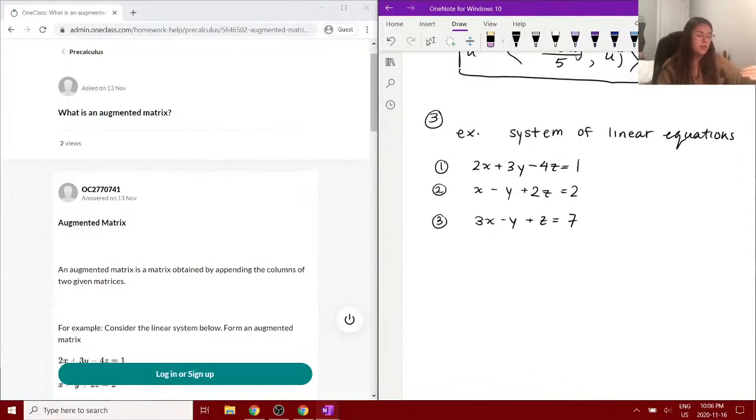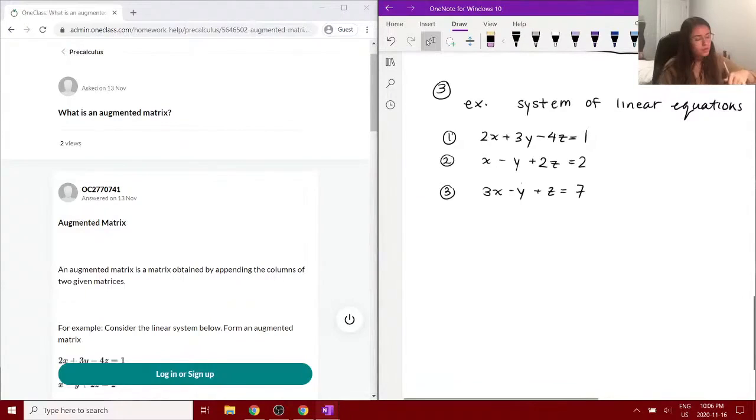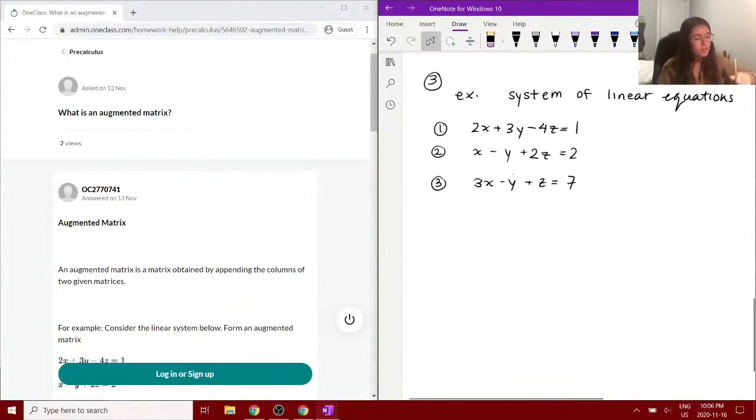In this case, I have the unknowns on the left and the knowns on the right, but obviously you can choose whichever one, as long as each equation that you're given is formatted in the same way. Okay? We want all the x's to be lined up, all the y's to be lined up, and all the z's to be lined up. And then we can start to create our matrices.